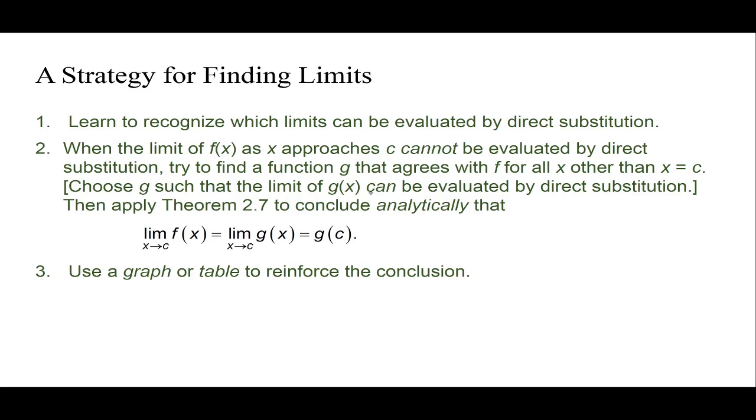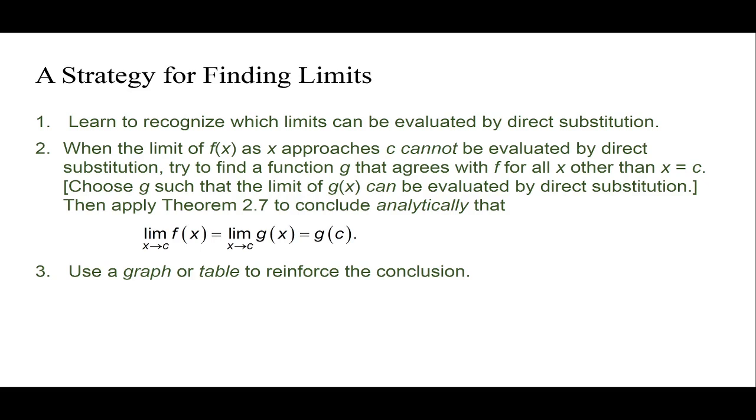Okay, so when finding limits, we can use this strategy. First of all, learn to recognize which limits can be evaluated by direct substitution, because if you can do that, it will be easier to find the limit. After that, when the limit of f of x as x approaches c cannot be evaluated by direct substitution, then we have to simplify whenever it's possible.